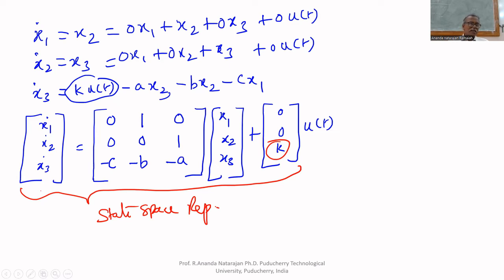In mathematics, you are having plenty of matrix manipulations. All matrix manipulations can be applied to the differential equation. That is the advantage of writing this as three first order equations. So a third order differential equation is written as three first order differential equations. So this is state space.